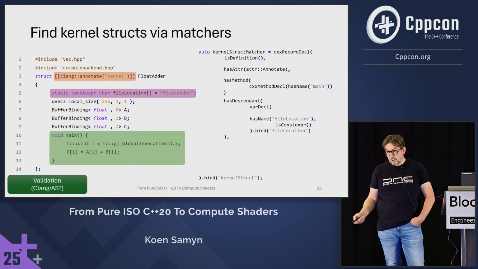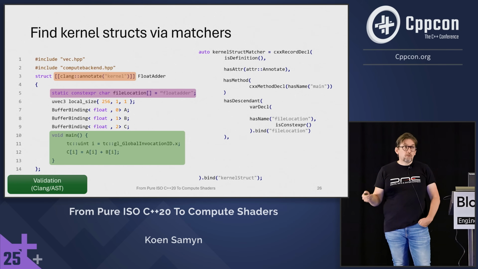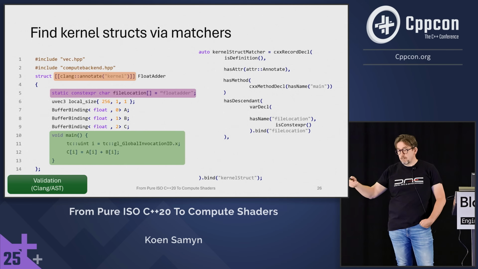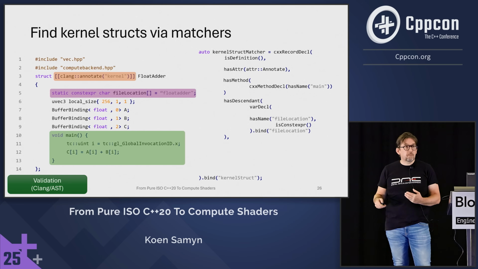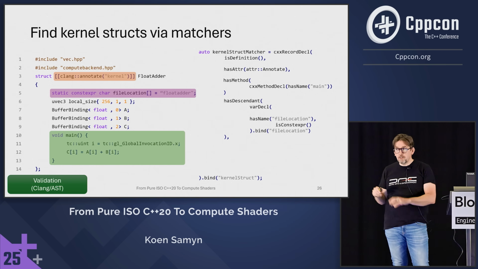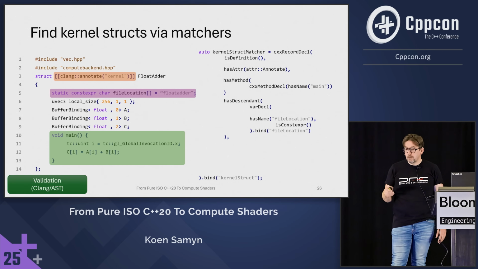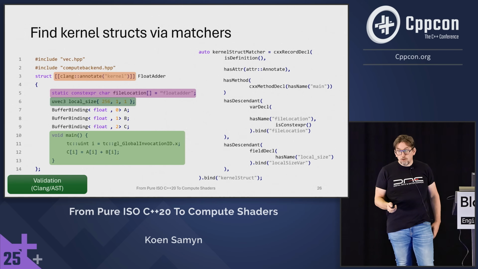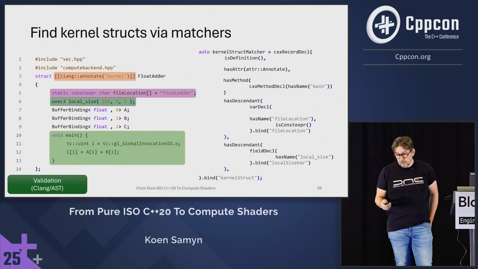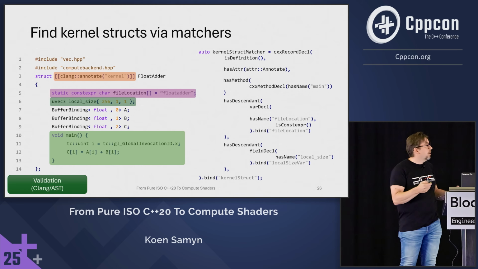That is a const expression. And then that's very convenient, you can bind. If you find something like this, you can bind it and you can get that information back later. So if you have subparts that you need later on, this is pretty convenient. And then also it should have a local size field.